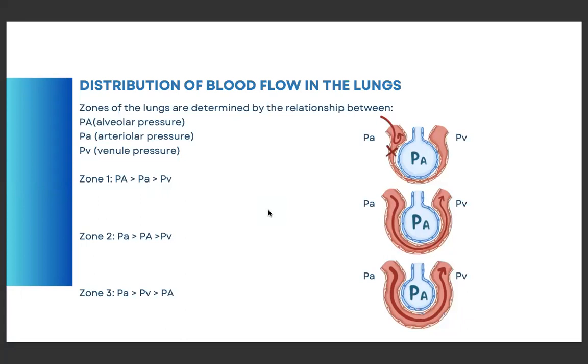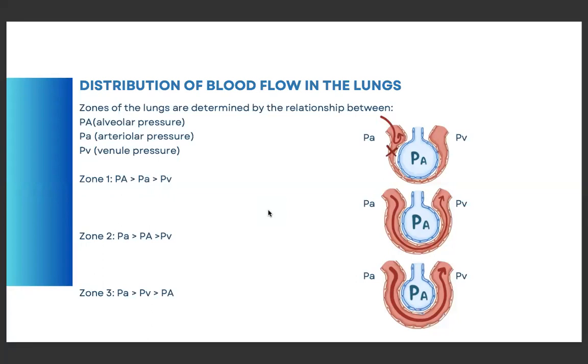When I explain it, it's probably going to be a bit clearer. We're going to start off with zone 3 all the way at the bottom. In zone 3, at the base of the lungs, arteriolar pressure is higher than venule pressure, and both of them are higher than your alveolar pressure. P capital A is your alveolar pressure, P small a is your arteriolar pressure, PV is your venule pressure.